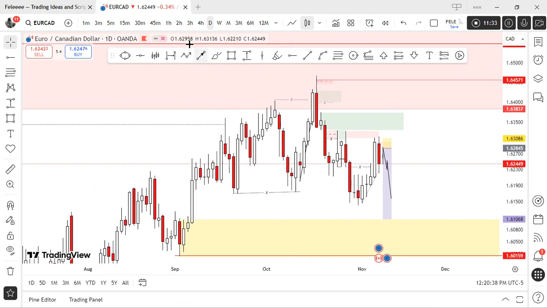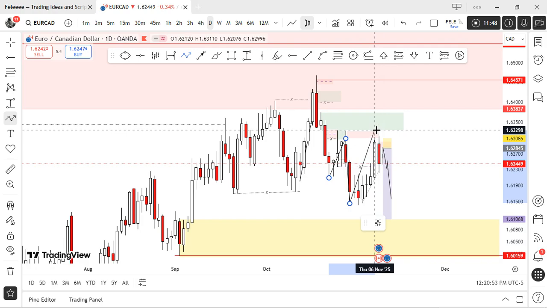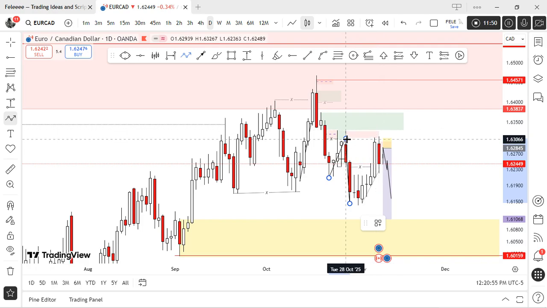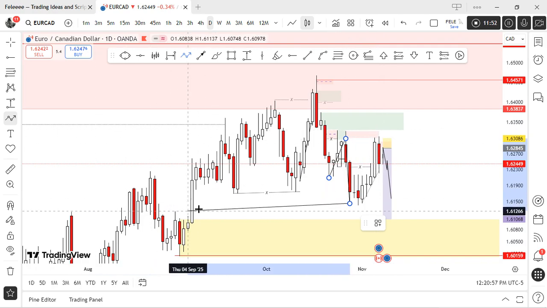So my only approach is that because this was the last lower high that had created the break of structure, once we see price closing above this lower high, that's going to be an indication that price reacted from the imbalance move.